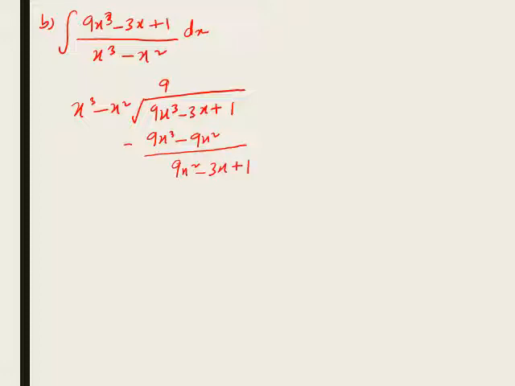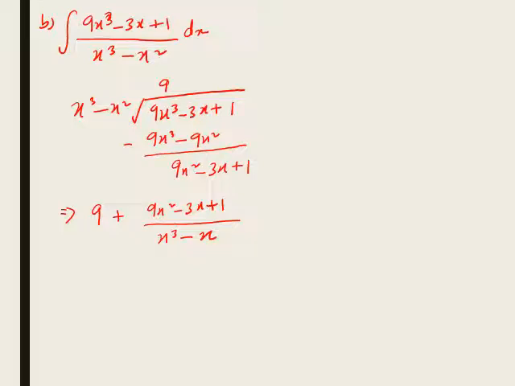So that's it. So this is actually equal to 9 plus the remainder divided by the divisor, (9x squared minus 3x plus 1) divided by (x cubed minus x).